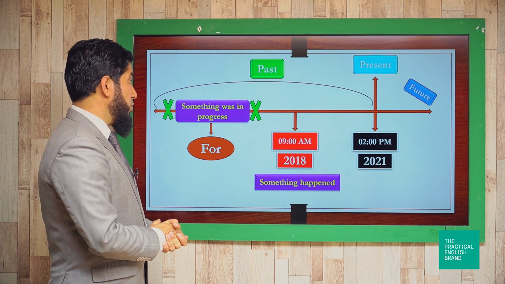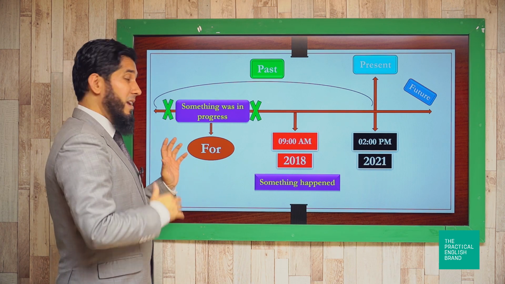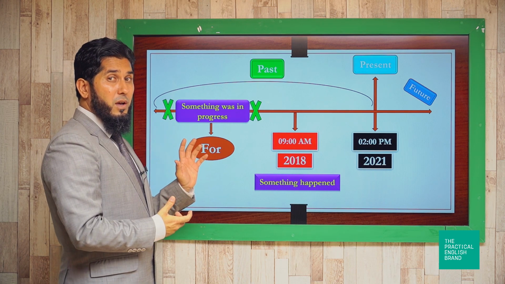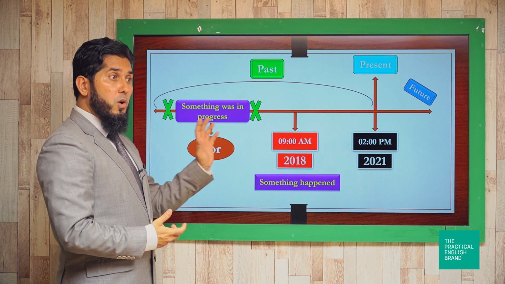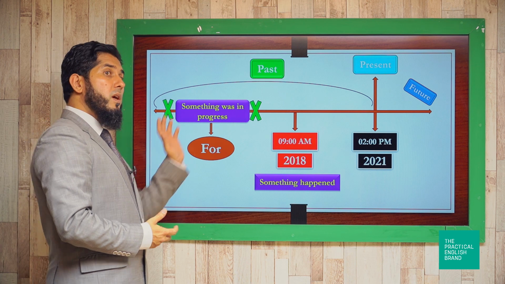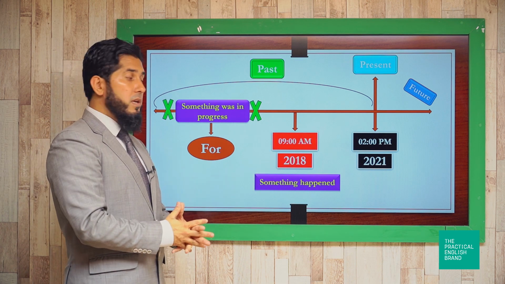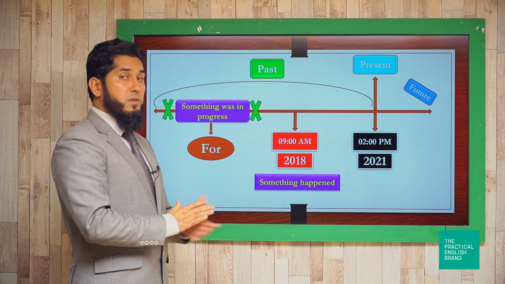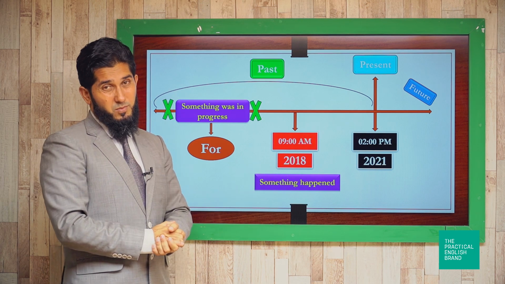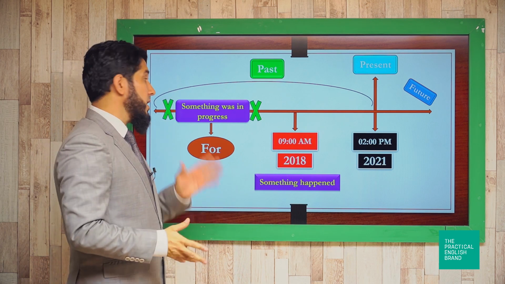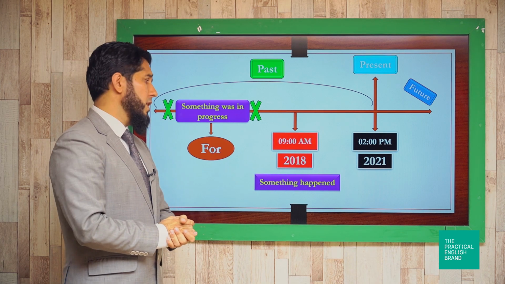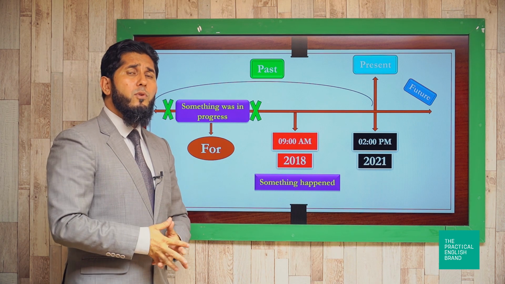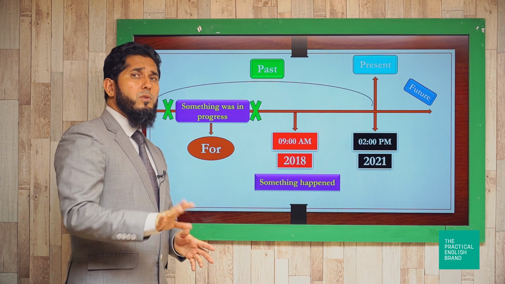So now the concept is that the action of living in India started in the past and finished in the past, or it started and came up to another time continuously, before a specific time in the past or before another action in the past. For example, if it's a specific time, we'd been living in India for 3 years before 2018, or we'd been living in India for 3 years before we came back to our country.